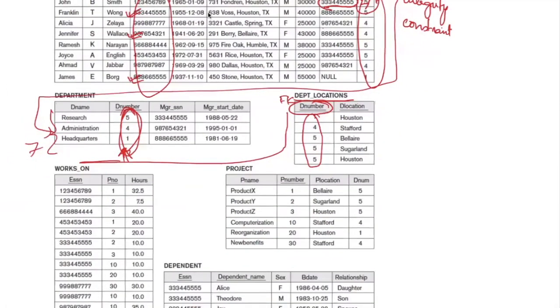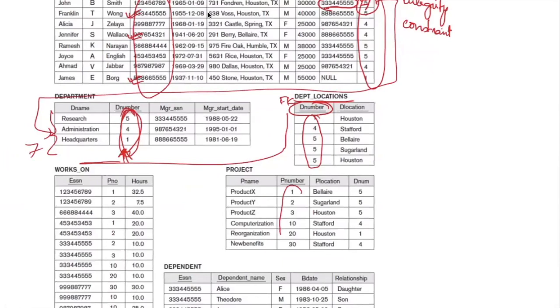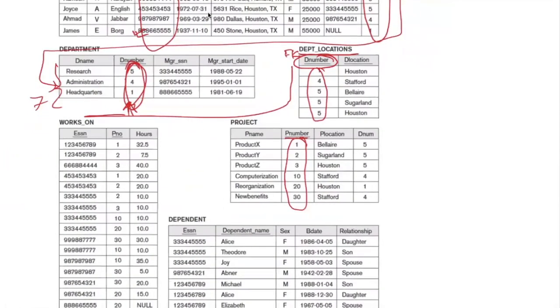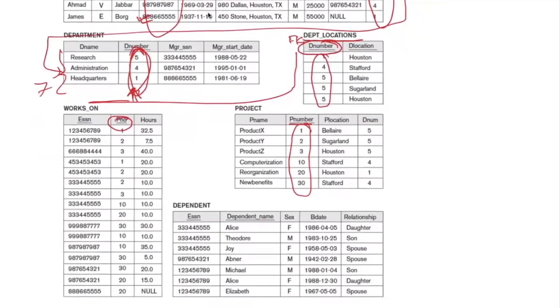Similarly, project number is the primary key. And where does it appear? It appears in works on as a foreign key. So the values for the foreign key will be taken only from this set of values. Okay, so this is your referential integrity constraint.